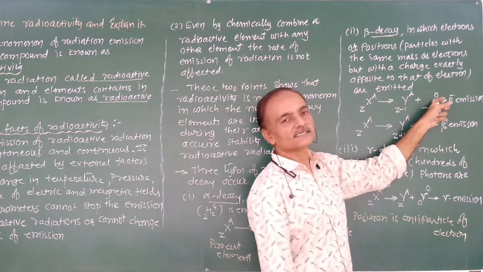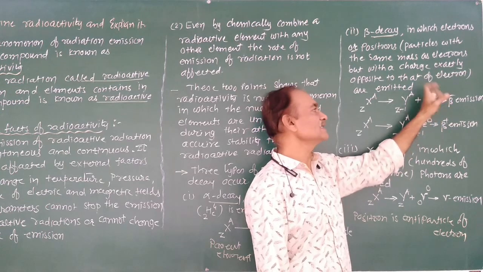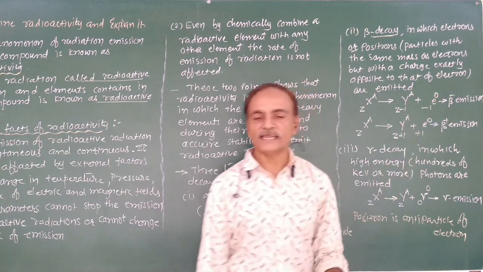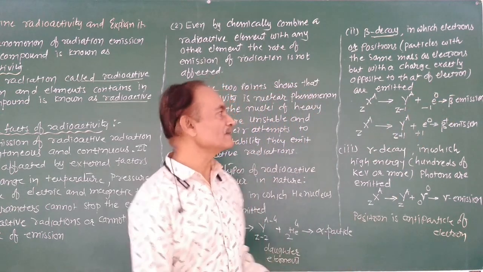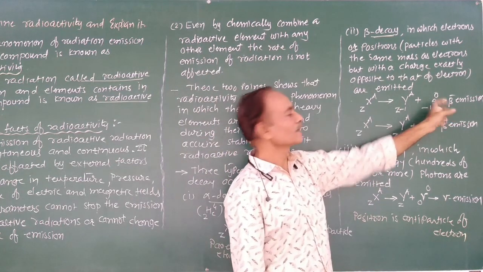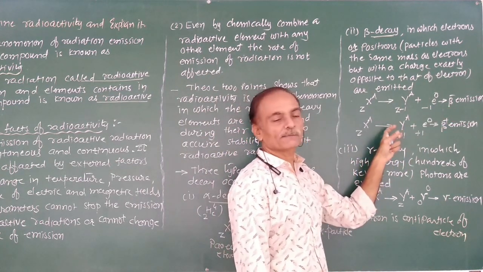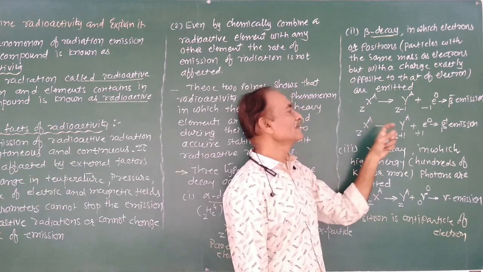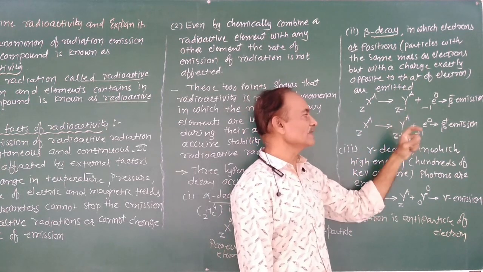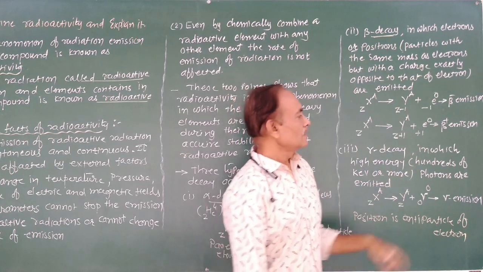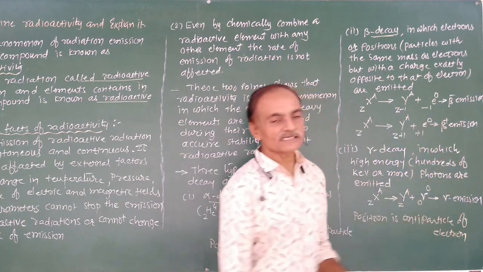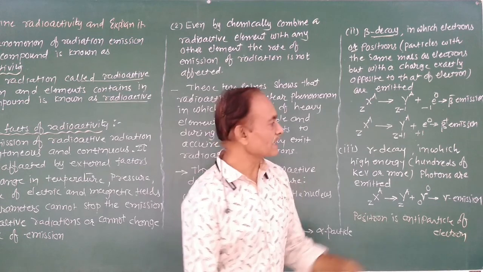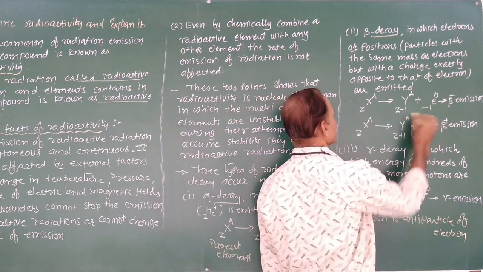Here the beta negative emission takes place, that means the beta minus decay. And in the second process, when the positron is emitted, the parent element X(Z,A) converts into Y(Z-1,A) plus e with charge plus 1 and mass 0, that means the beta plus emission takes place, that means the positron is emitted.